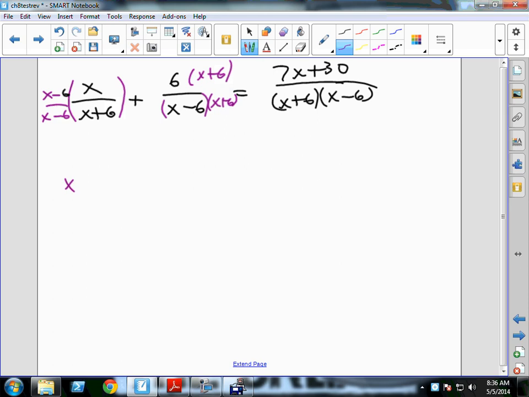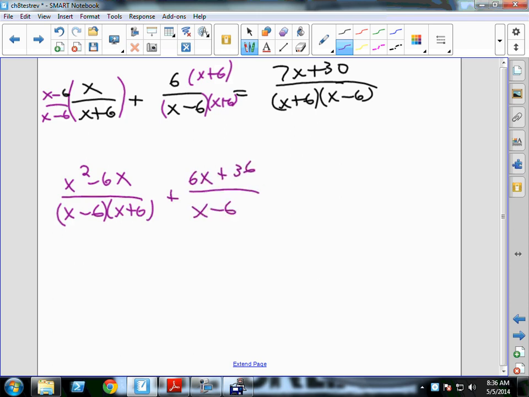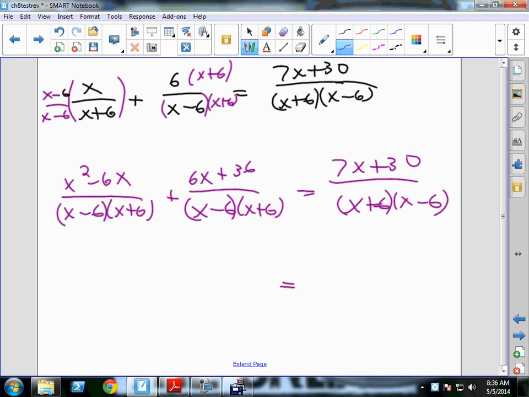I'm going to have x squared minus 6x over x minus 6 and x plus 6, plus 6x plus 36 over x minus 6 times x plus 6. And that equals 7x plus 30 over x plus 6 and x minus 6.